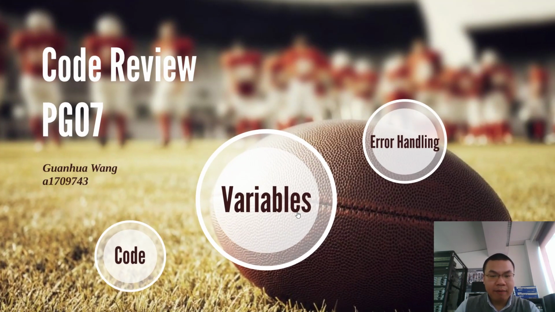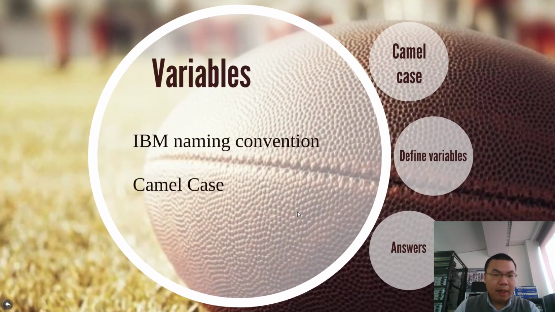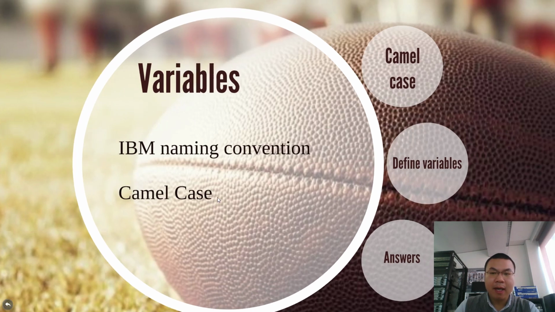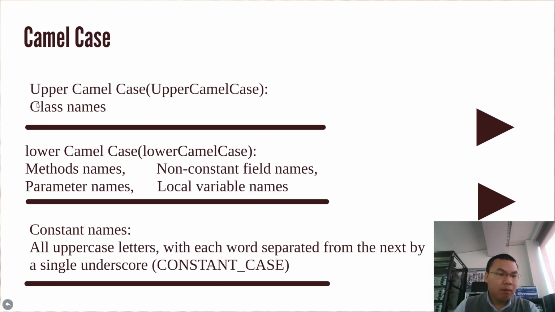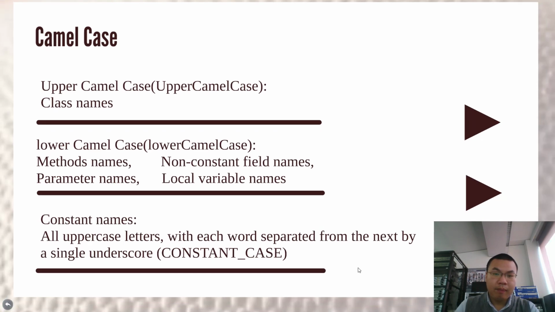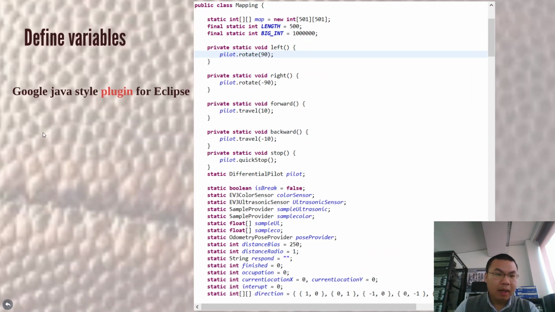The next part is variables. We use the IBM naming convention to define the variables, which means camel case. We use upper camel case for Java classes, and lower camel case for method names and local variable names. For constant variables, we use all upper-case letters.